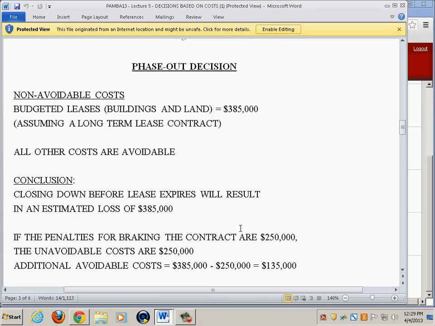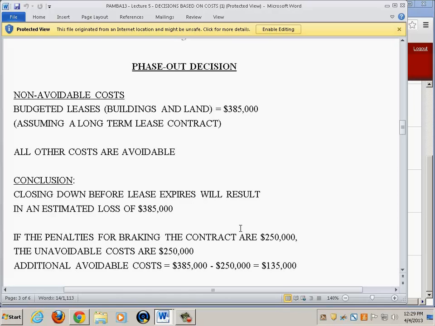So given this example and given the optimization model, should you close down or phase out in 2013? What's the right decision? Well, I suggest to you that you shouldn't, because you have to recalculate the model.